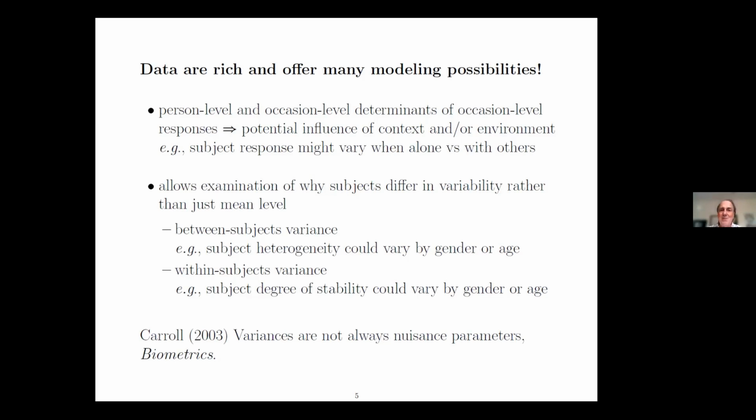And so I came to realize, well, that's really more about the variance than about better mood per se. And so that's what led to this. And it resonates with a paper published by Ray Carroll a while ago in Biometrics, the idea that variances are not always nuisance parameters.